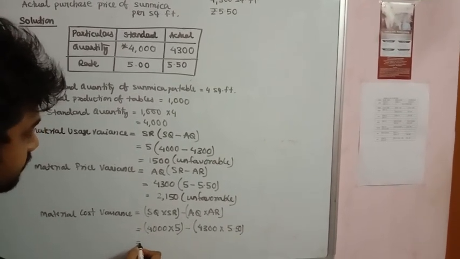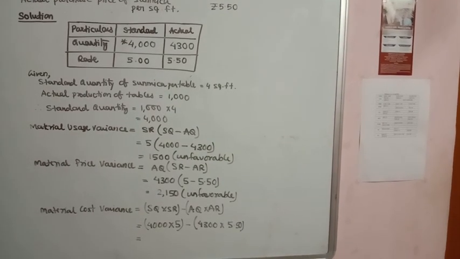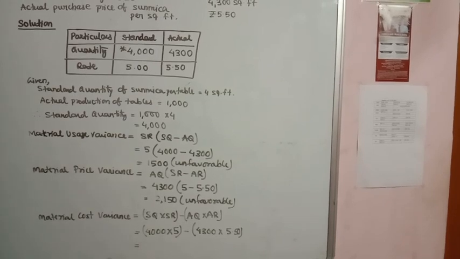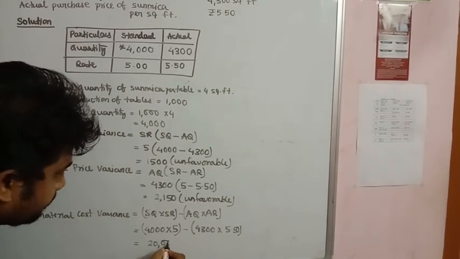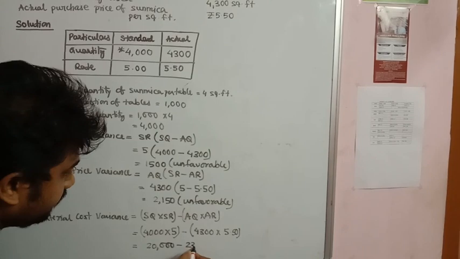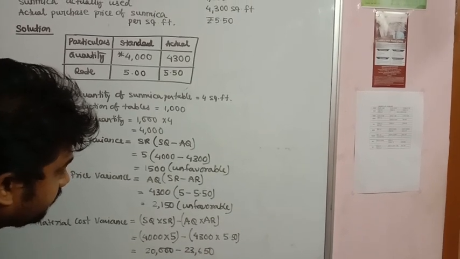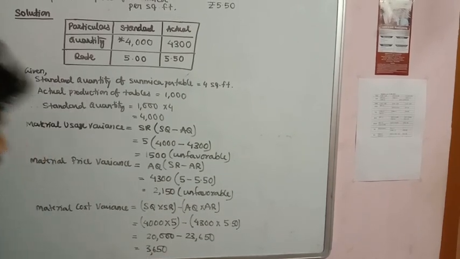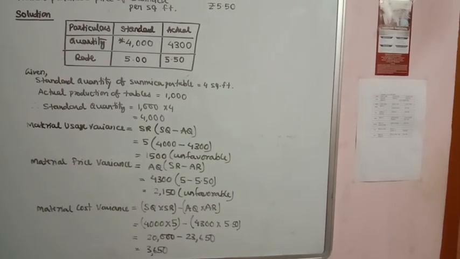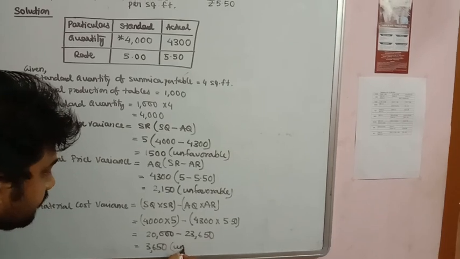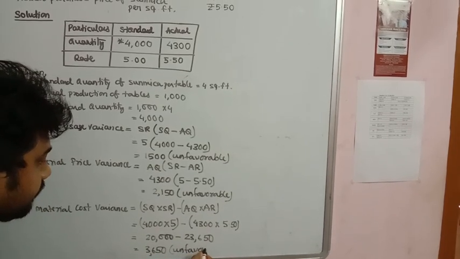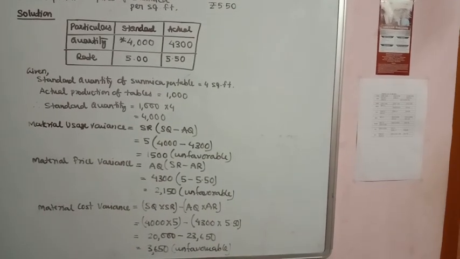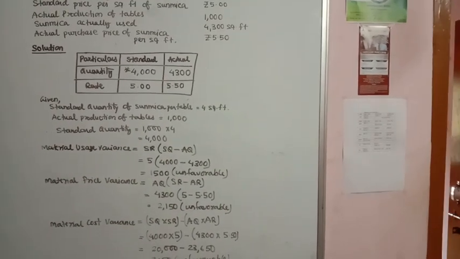So this figure will also be negative. Okay, so it is 20,000 minus 23,650. So it comes to 3,650. But this 3,650 is negative, so we will mention it as unfavorable. Okay, so these are the three variances that we have calculated in this manner.